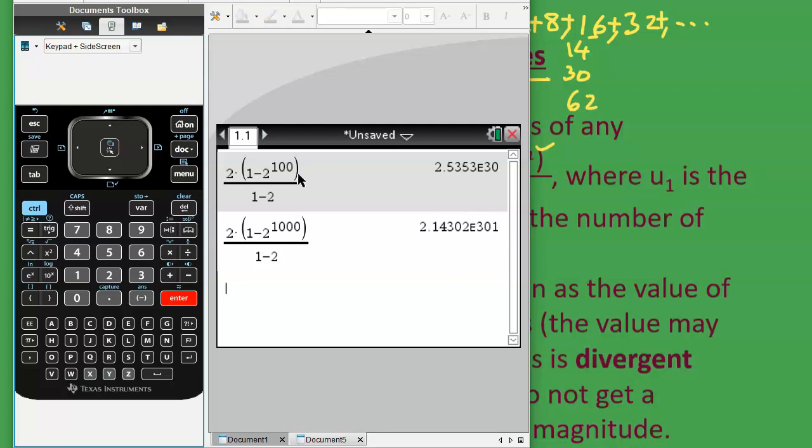When I took 100 terms, it was 10 to the power of 30, and when I am taking 1000 terms, it has moved up to 10 to the power of 301. Okay. So let us try taking the first 10,000 terms. 2 times 1 minus 2 to the power of 10,000.